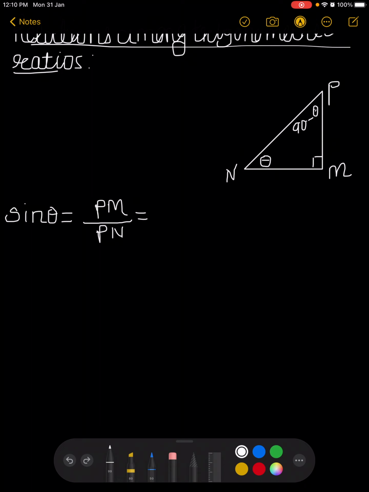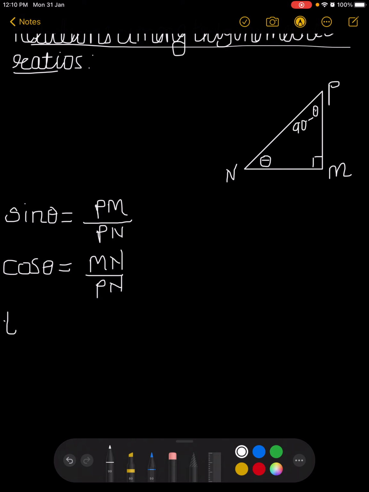Now, after writing the ratio of sine theta, the next one for this theta, I'll write cos theta. For theta, the neighbor adjacent side is MN. So let me write here MN, the adjacent side, and the hypotenuse is PN. MN upon PN is the second ratio, cos theta.